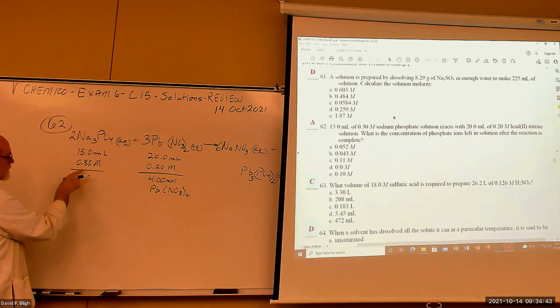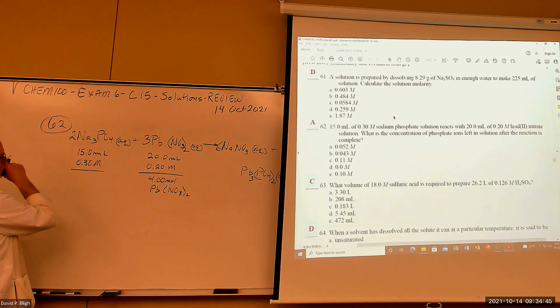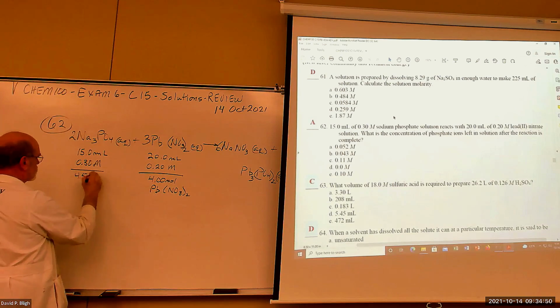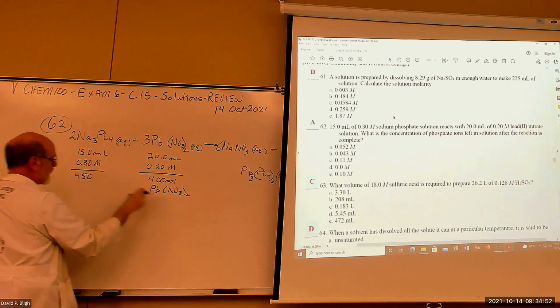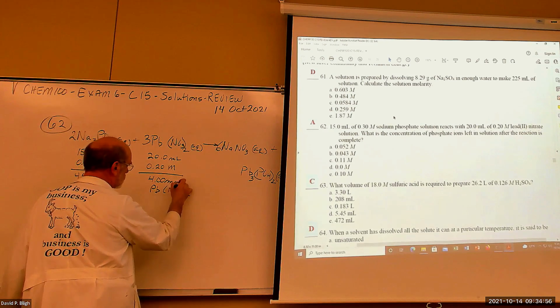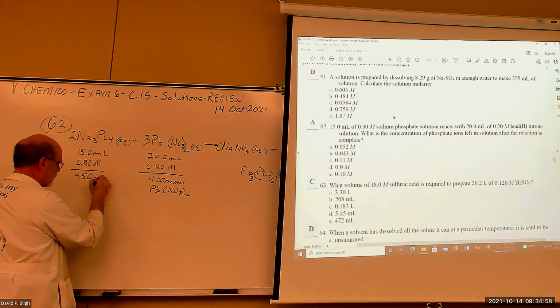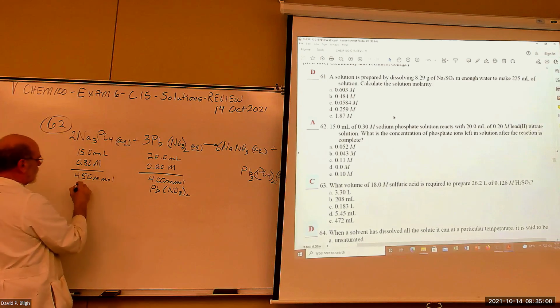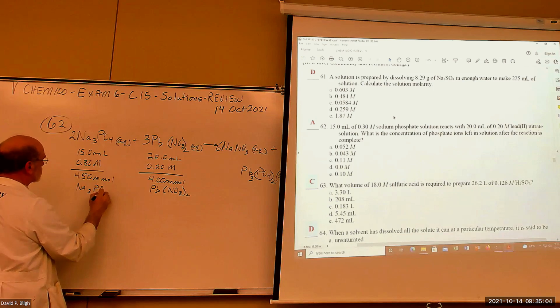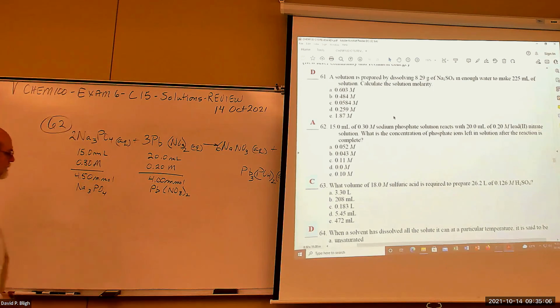And this one is 4.50. That's not moles. Millimoles of sodium phosphate. Okay.